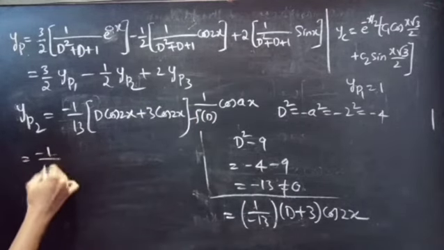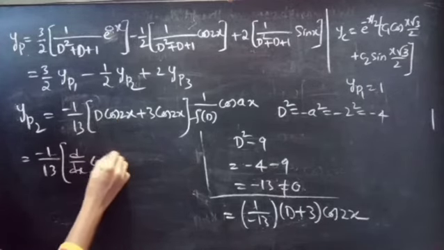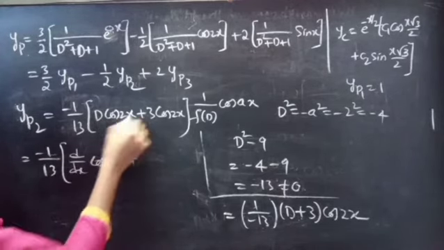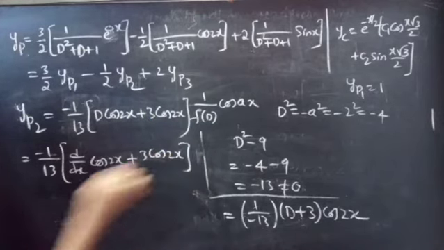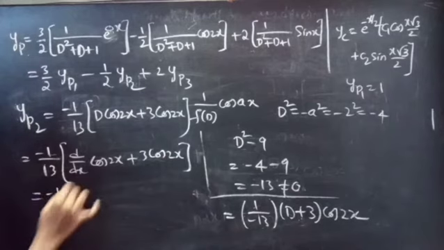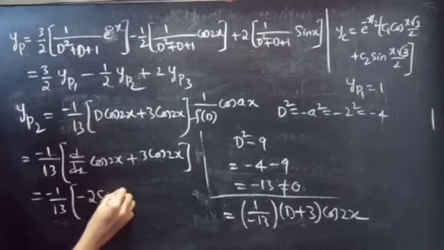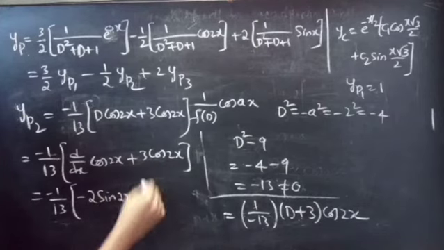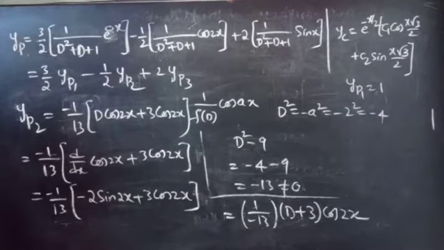Here d is a differential operator, so we need to find the derivative of cos 2x with respect to x in the first term, plus 3 cos 2x, which equals minus 1 by 13 into the derivative of cos 2x, which is minus 2 sin 2x, plus this term, which remains the same, right?